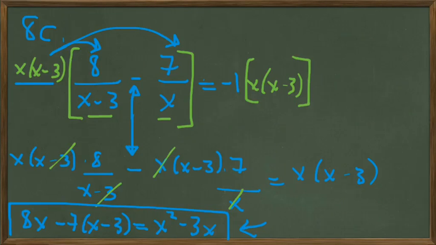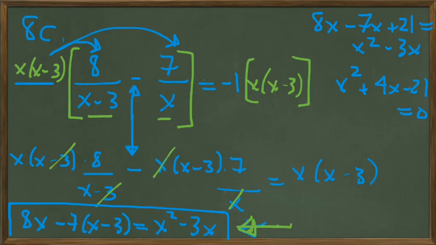this equation right here, which is a quadratic equation, or will turn into a quadratic equation. So we want to put it in the form ax squared plus bx plus c equals 0. So when we multiply out the left side, we get this expression here, and we're going to move everything over to the right hand side.